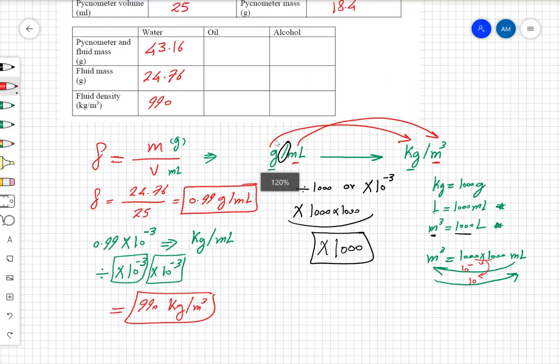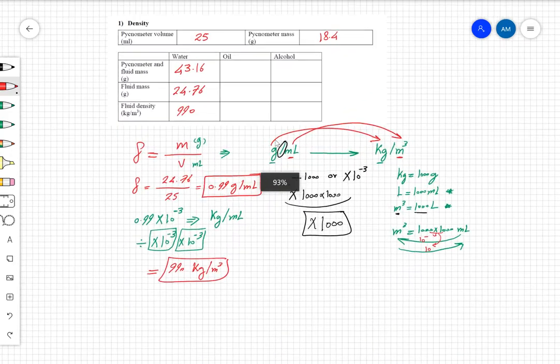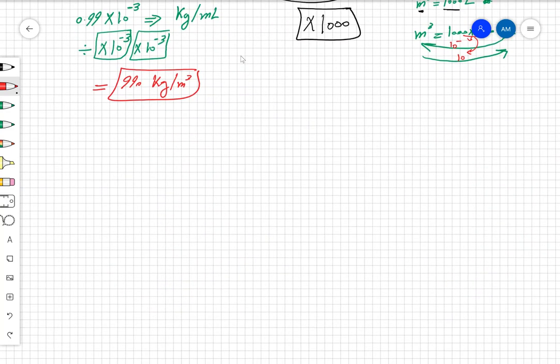we know that the specific gravity is the ratio between the density of the fluid and the density of water.